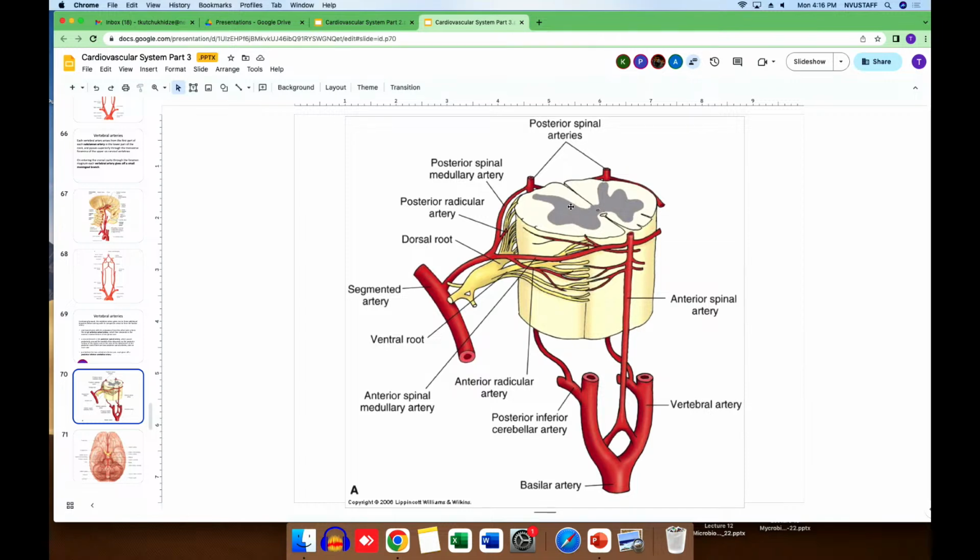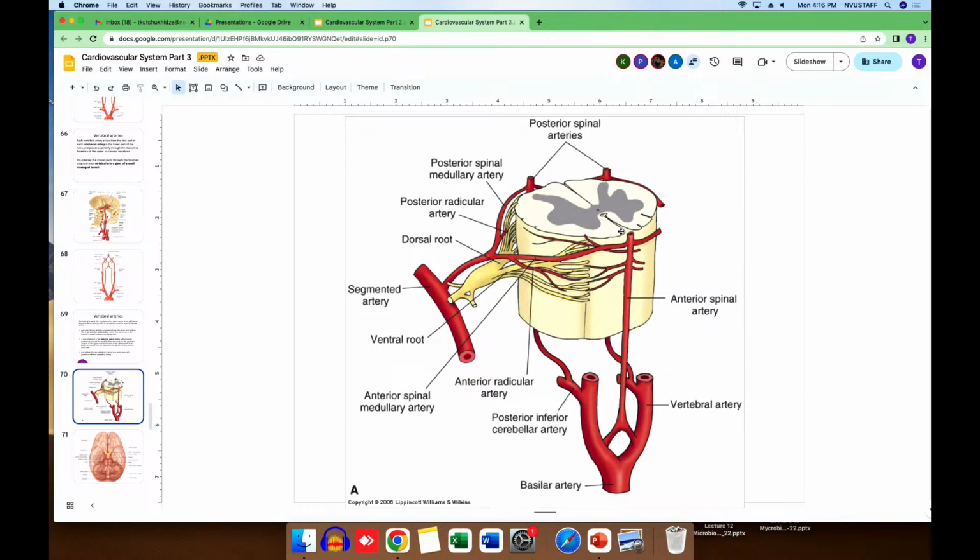Do you remember, guys, our spinal cord, white matter and gray matter? Gray matter created the butterfly, and it has some in-pouchings, right? It was inside the parts where our commissure was located, and we had the posterior and anterior sides, right? The posterior side was where we got the sensory information, and the anterior side was where we were sending our motor information, right?